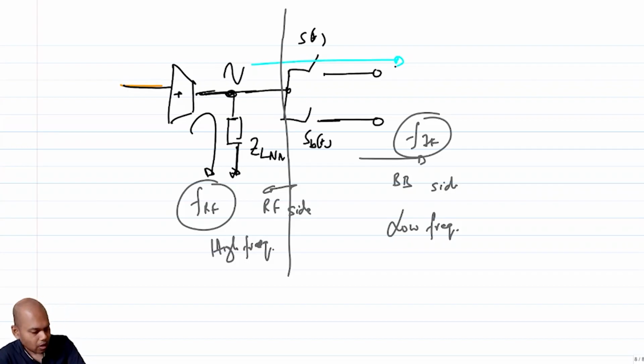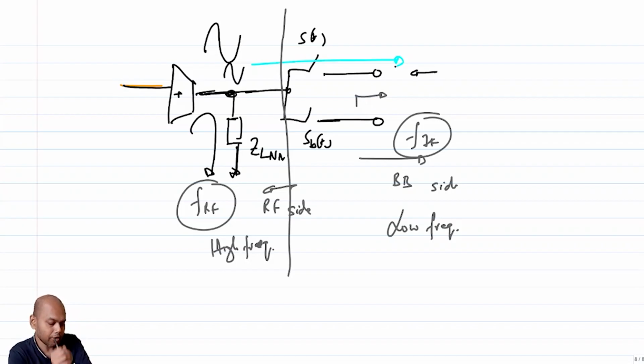Okay, so if it so happens that your ZLNA is much lesser than whatever impedance that you were seeing on this side, then you are going to see sinusoidal waveforms on the LNA, and looking from here, you are only going to tap out that portion of the sine wave that you are observing on the other end of the switch.